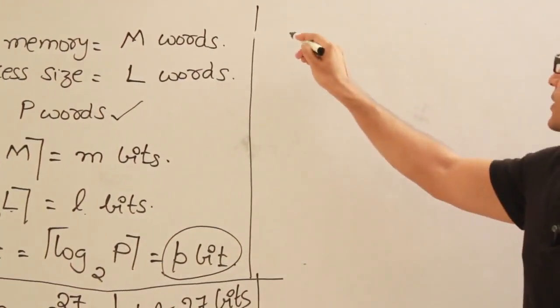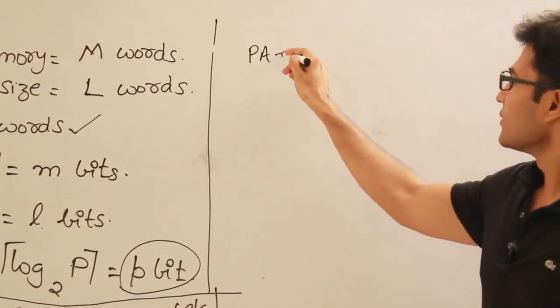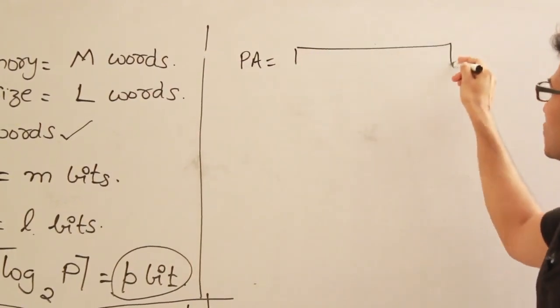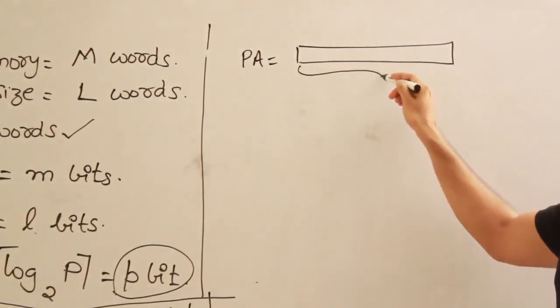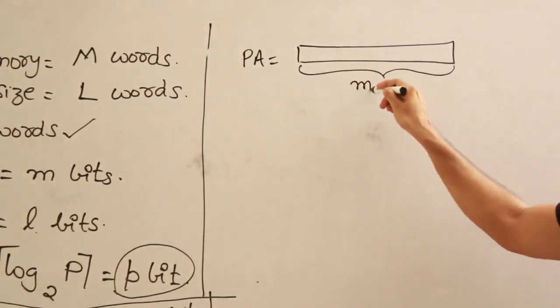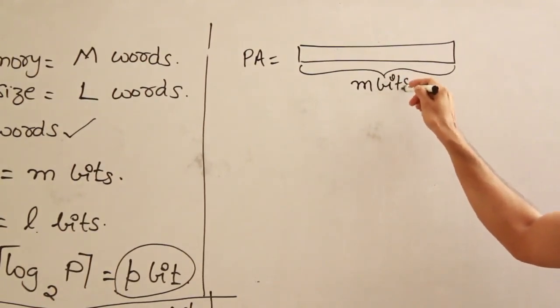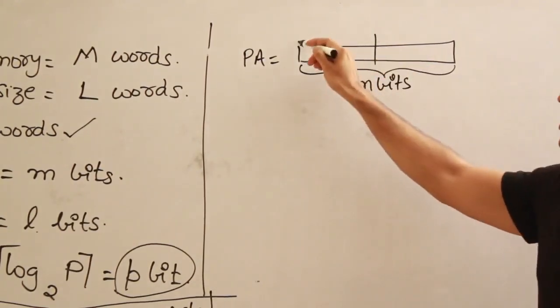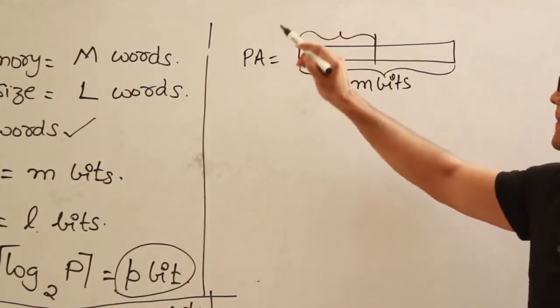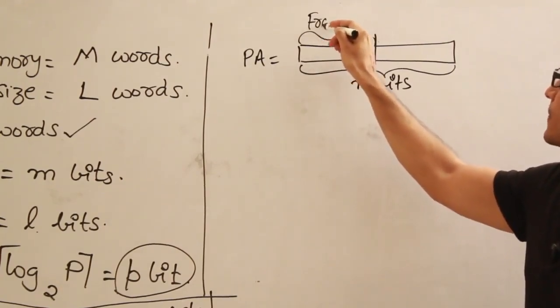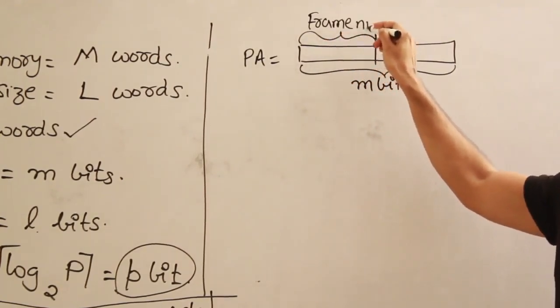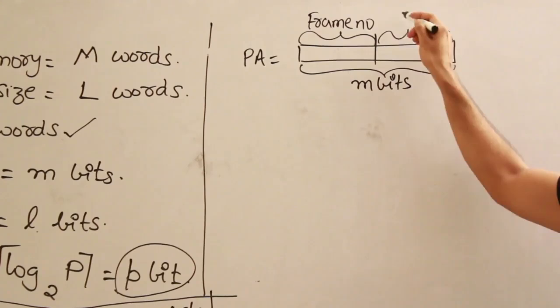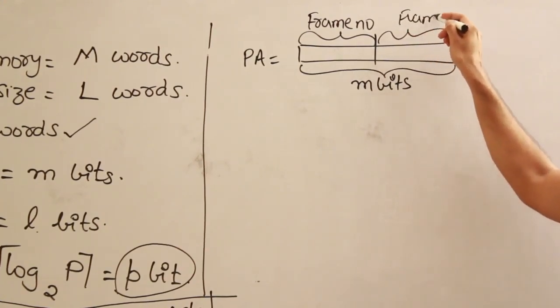Physical address, which is equal to m bits in total, is divided into two parts. One part is frame number, right, and the other part is frame offset.